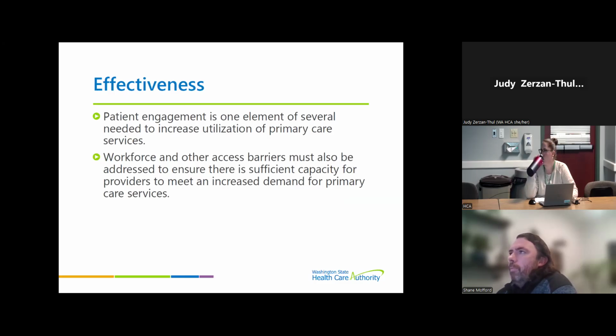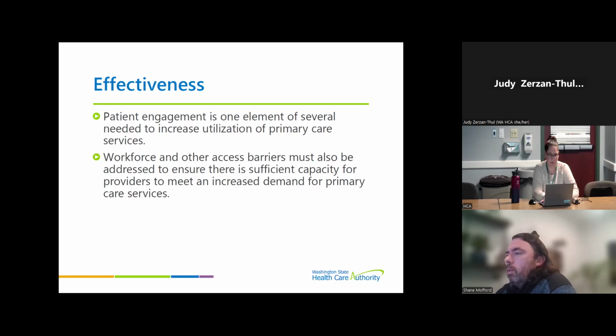So in terms of effectiveness, this is trying to answer the question of we're trying to identify policies that support movement towards the 12% expenditure target. Additionally, improvement in clinical outcomes. For effectiveness, patient engagement is one element of several that's needed to increase utilization of primary care.